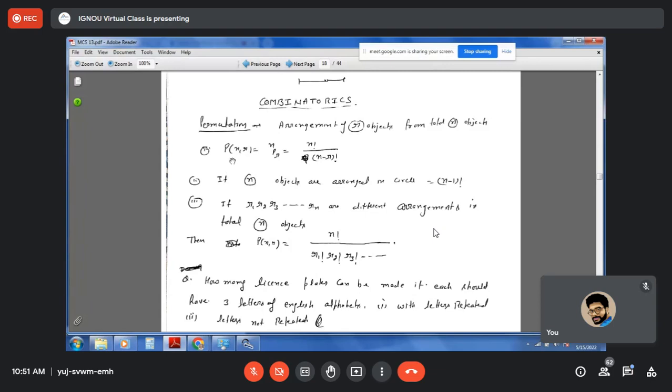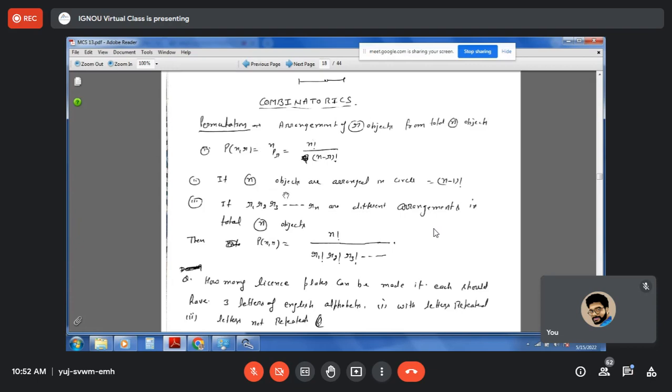Then the total number of arrangements, we write it as P(N, R), or in this way NPR. It is equal to N factorial divided by (N minus R) factorial. Clear? It is a simple formula for the arrangements of R objects among N objects.